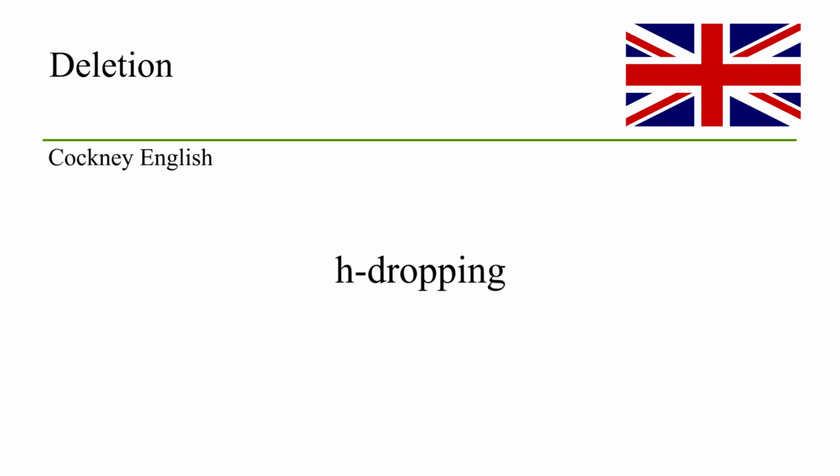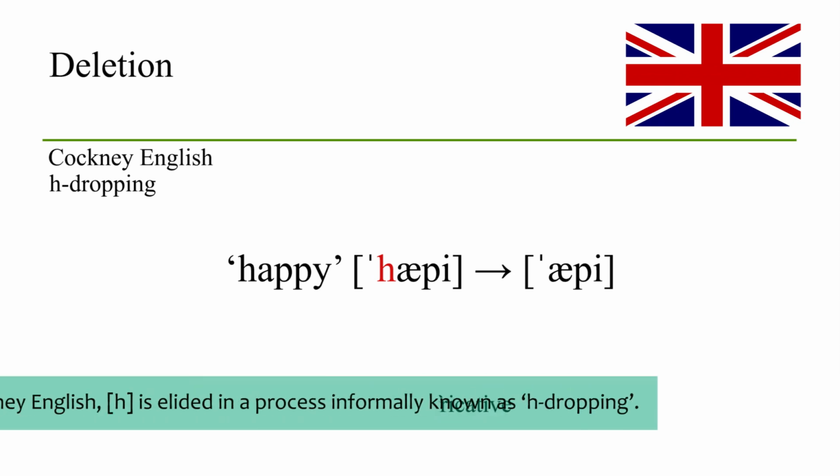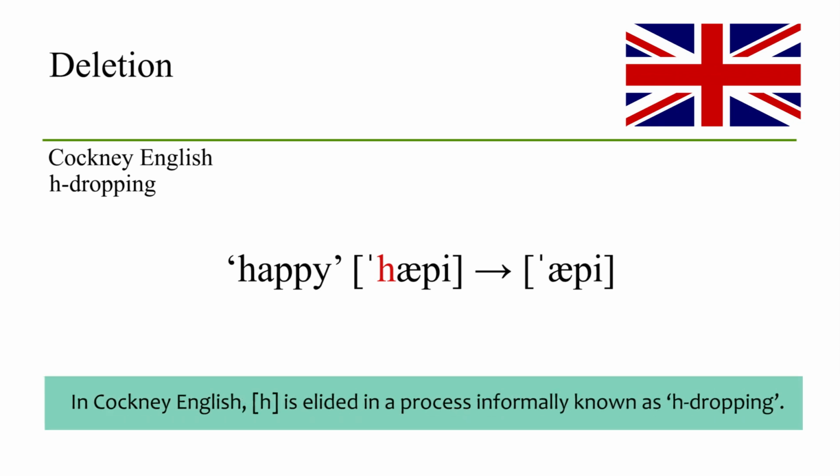So basically what they do, they systematically drop the H. For example, the word happy, they would say happy. I'm quite happy. So H dropping is systematic deletion of H in English words in the Cockney accent.